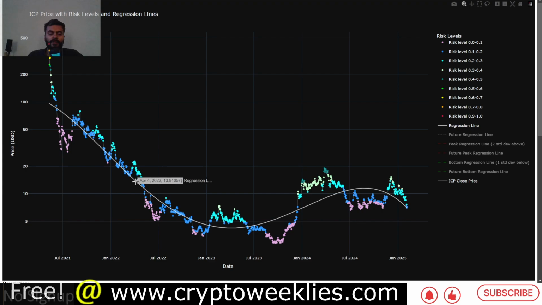One way to avoid this is to only DCA when this regression line has changed its shape from downward bias to somewhere close to an upswing, and DCAing in an upswing below this gray line, for example from June of 2023 till about December of 2024.